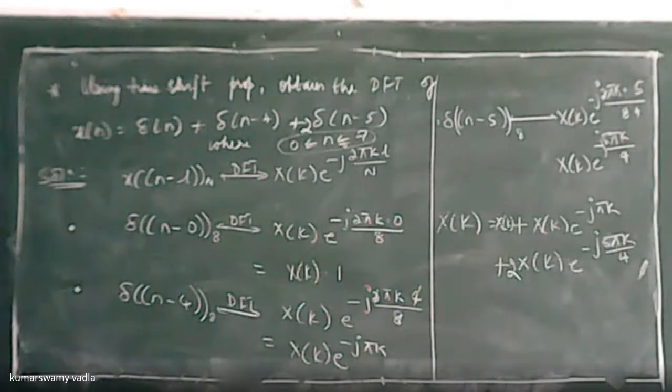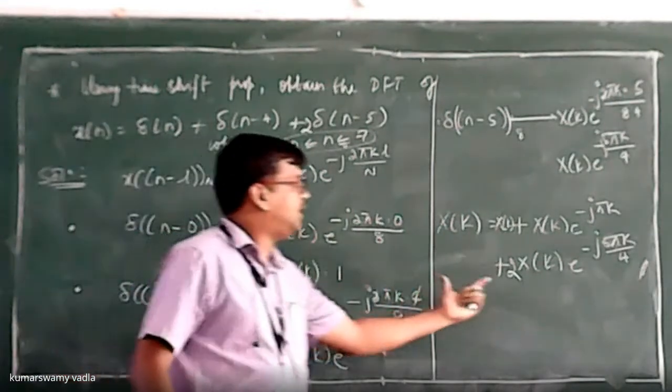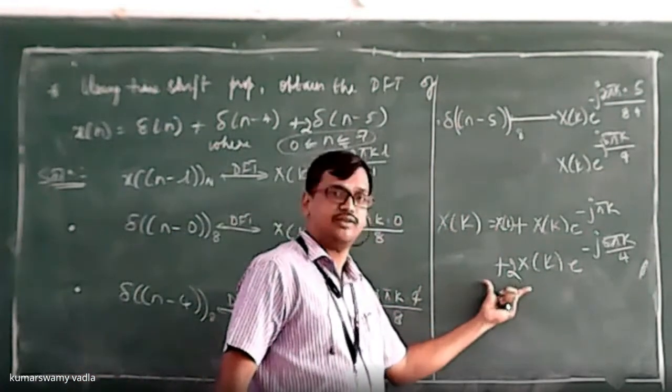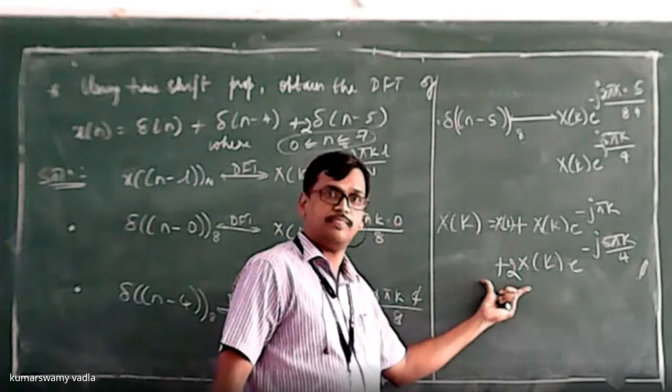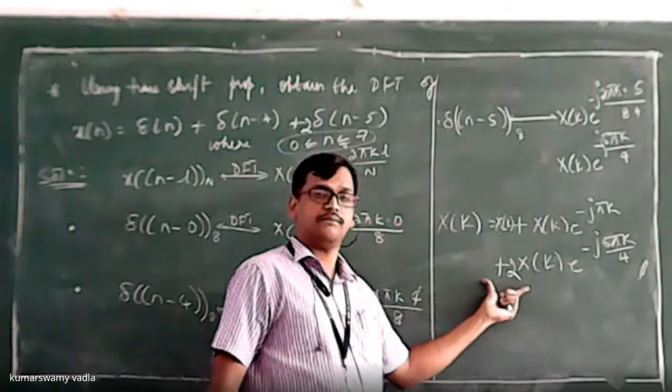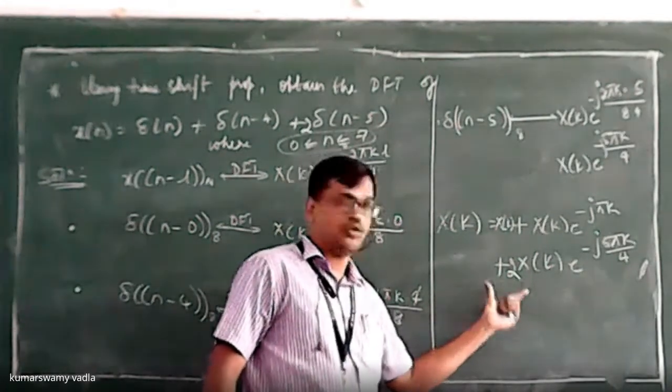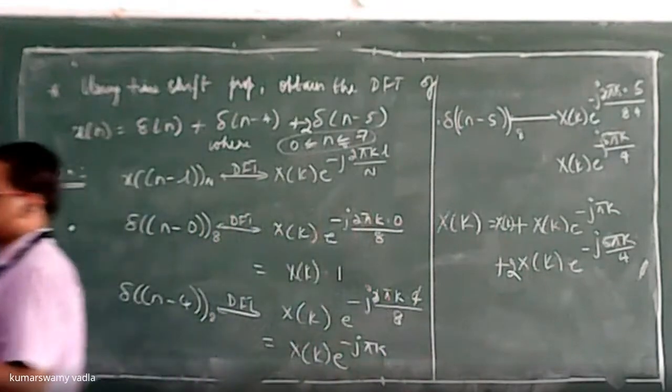Finally, we should write down the answer. Capital X of 0 is equal to. Friends, have you noted down till here, students?